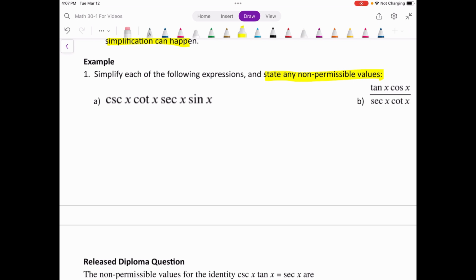So let's try it out. We're going to first rewrite everything in terms of sine and cos. Cosecant x is 1 over sine x. Cotangent x is cos of x over sine of x. Secant of x is 1 over cosine of x. And sine of x is just sine of x.